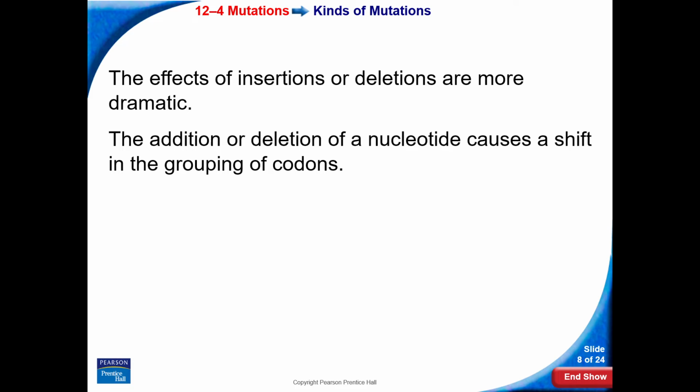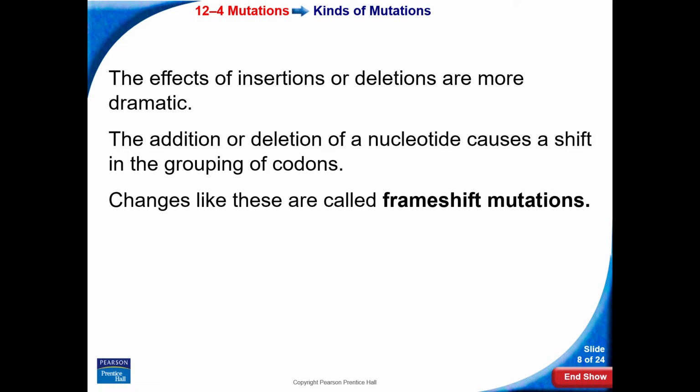So the effects are going to be very dramatic. The addition or deletion of a nucleotide then causes a shift in the grouping of the codon. So instead of having a particular sequence in a triplet, you're going to shift that and you're going to change every one of the triplets from that point on. And whenever you do this, you're shifting the sequence.